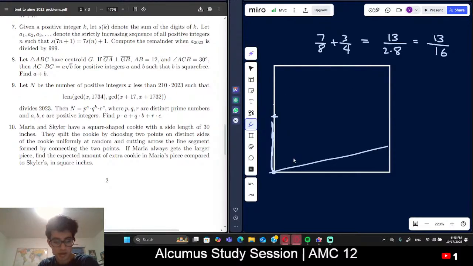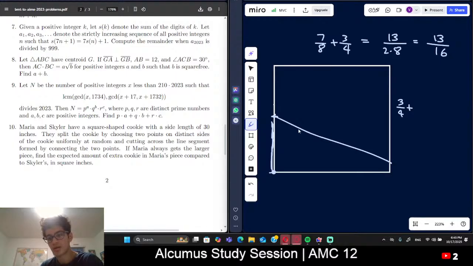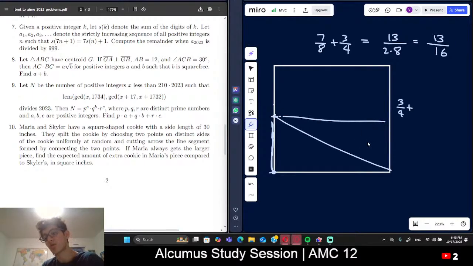At this one it's going to be 1, at this one it's going to be 1/2, so that's 3/4. Let's write that down as well. As you go down here, you're going to have 3/4. As you go to this section, you're going to have 1/4.